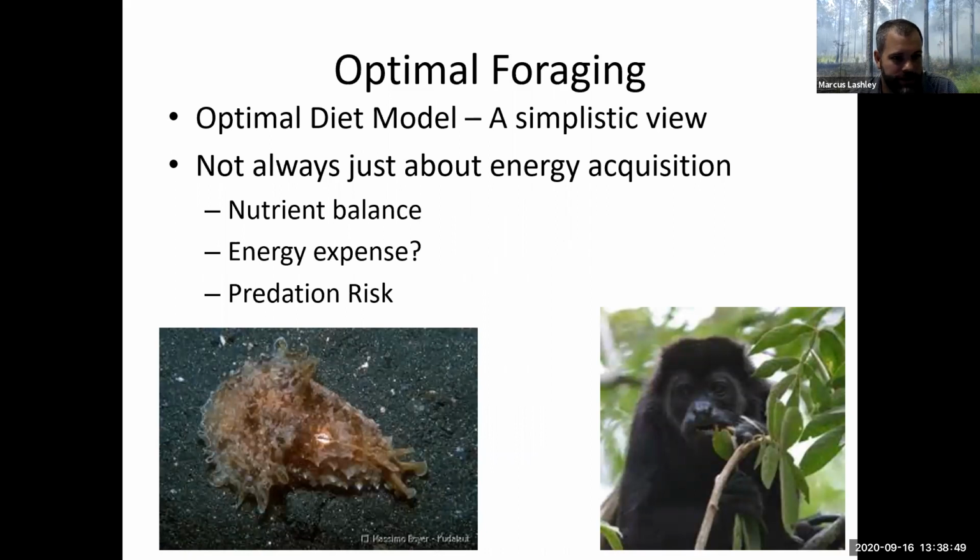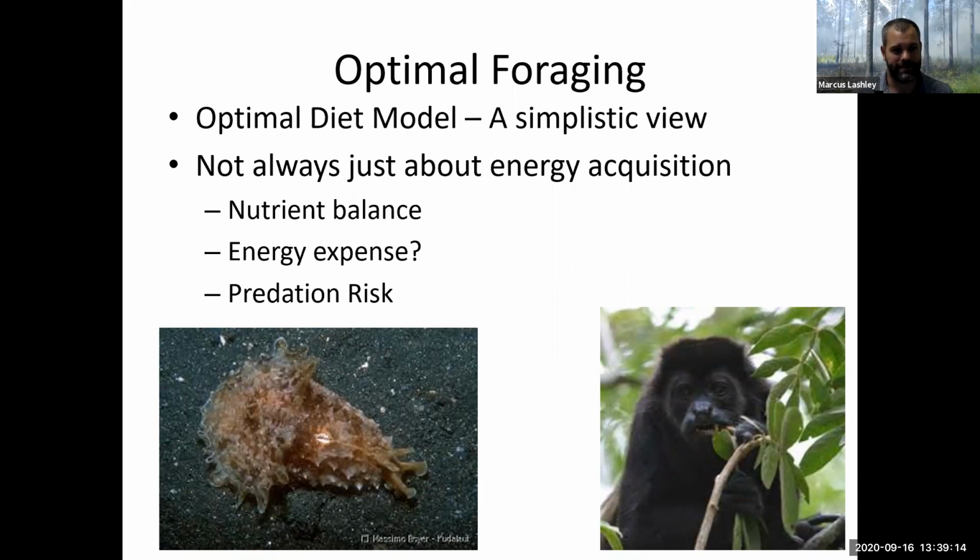Again, this is a really simplistic view, and there's a lot of evidence that we don't just have a static nutritional demand. This is actually something that my work with deer shows pretty clearly. Deer constantly have changing nutritional demands and a huge variety of plants that have very different nutritional values in the environment.